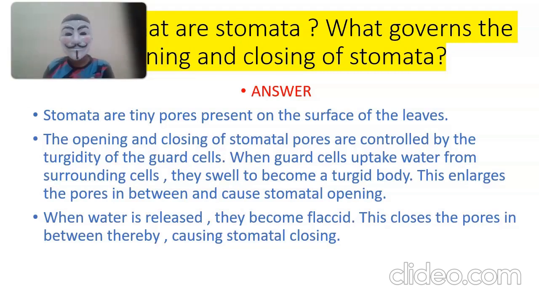When guard cells take up water from surrounding cells, they swell to become turgid. This enlarges the pores in between and causes stomatal opening. When water is released, they become flaccid, and this closes the pores, thereby causing stomatal closing. I hope you understand.